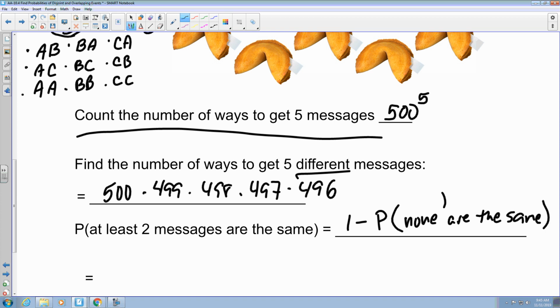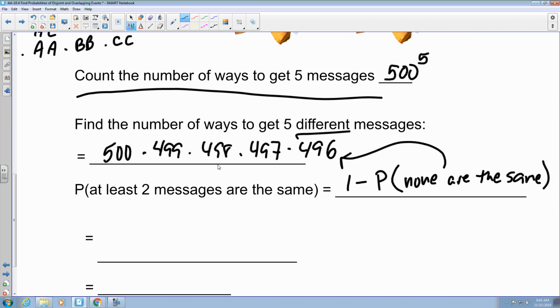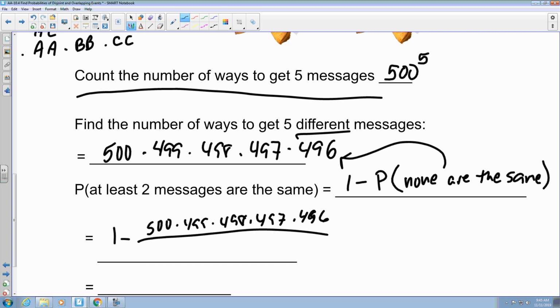And to set this up, it's going to be 1 minus the number of favorable outcomes where none are the same, 500 times 499 times 498 times 497 times 496, divided by the number of possible outcomes, which is 500 to the fifth power, 500 times 500 times 500 times 500 times 500.